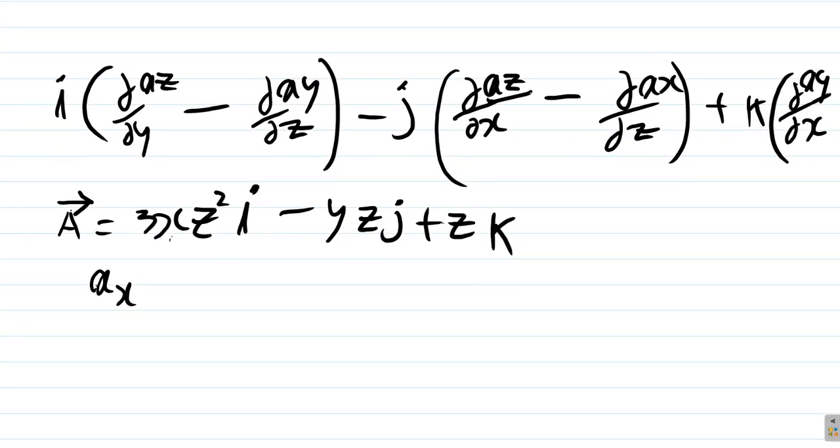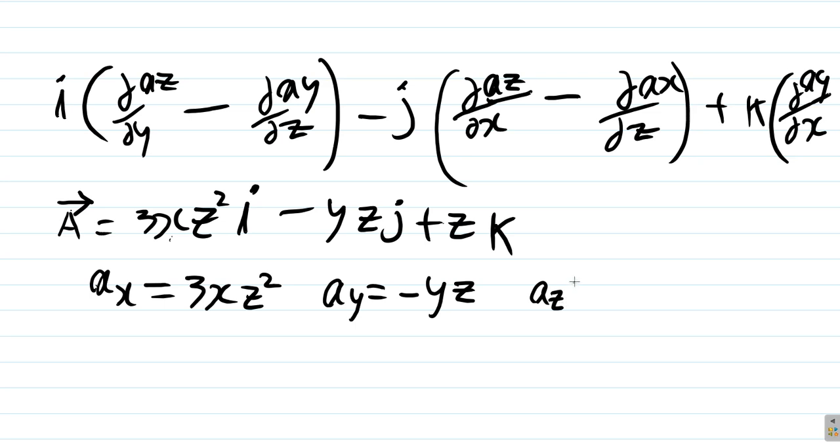What is Ax? Ax is 3xz squared. What is Ay? Ay is negative yz. And what is Az? Az is just z. You see that?